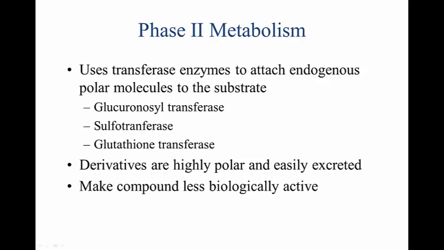Phase II reactions form highly polar derivatives that are more easily excreted from the body. In most cases, Phase II metabolism makes the compound less biologically active or less toxic. We'll go through the details and examples of the three most common Phase II reactions.